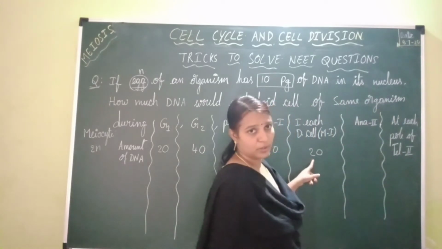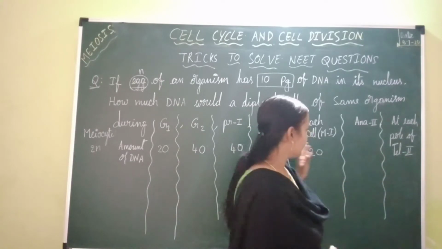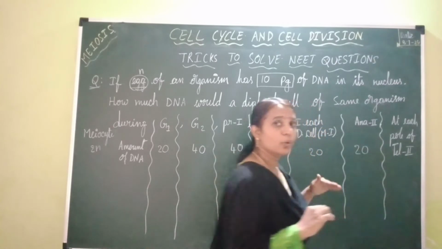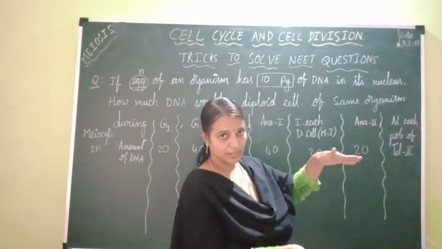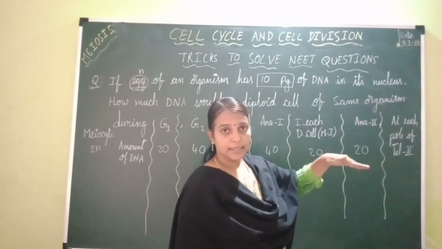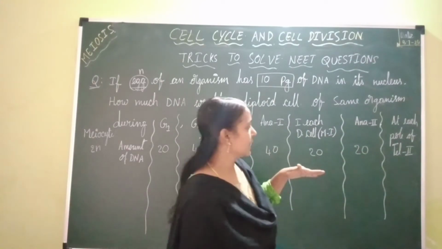Next, coming to anaphase 2. The daughter cells of meiosis 1 enter into meiosis 2. In anaphase 2, the amount of DNA in the entire cell will be the same, 20 pg. At each pole of anaphase 2 we need to consider 10 pg of DNA, because half of the chromosomes move towards one pole and half towards another pole.